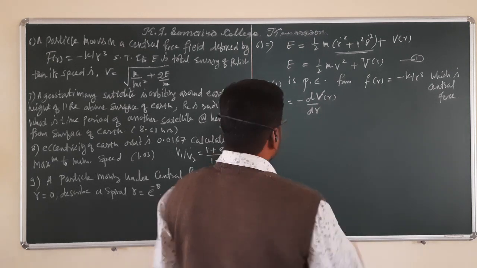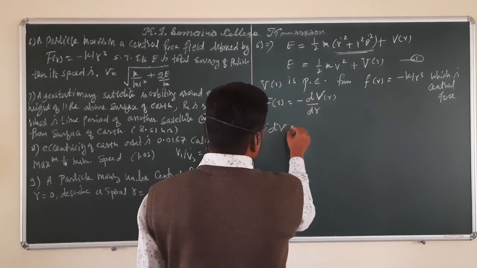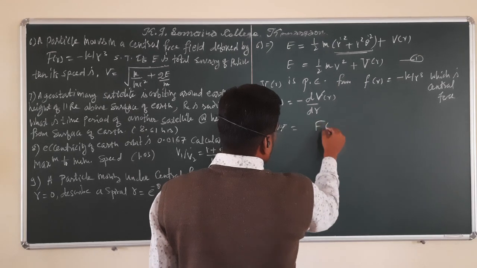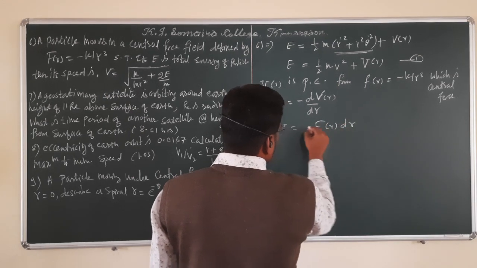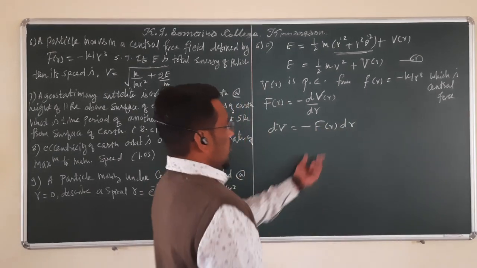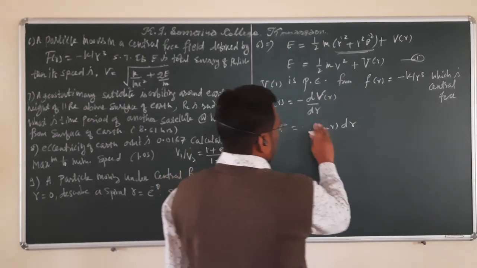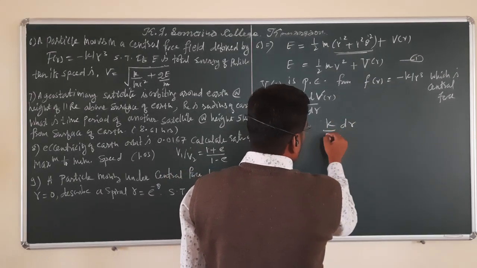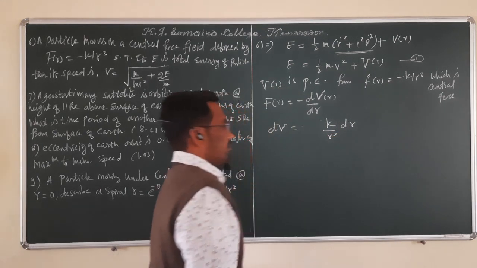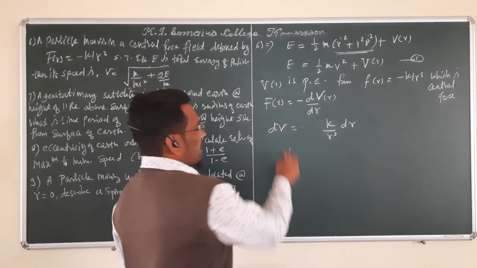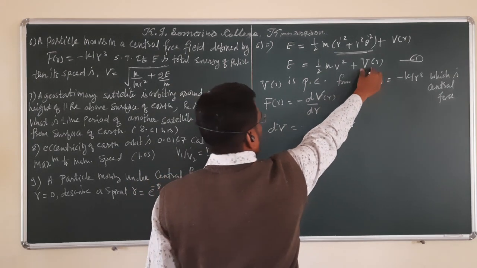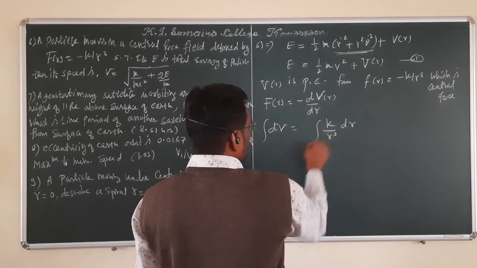So from this equation we can write dV is equal to minus f of r dr. If you put f of r as minus k upon r cube, that will become k upon r cube dr. Now, to get V, which is the potential, we have to integrate this equation.